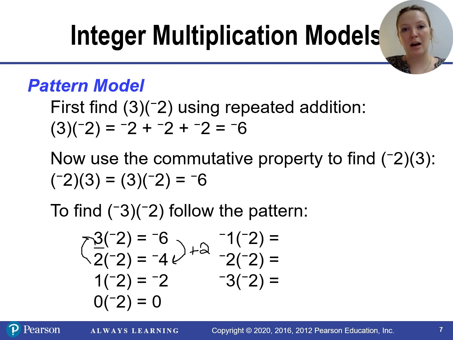So if I go the other direction, I'm having one less positive 2. So if I wanted to think about what negative 1 times negative 2 is, then I would go up 2 more. And then I would go up 2 more to get 4 for negative 2 times negative 2, and then up 2 more to see that negative 3 times negative 2 is 6.